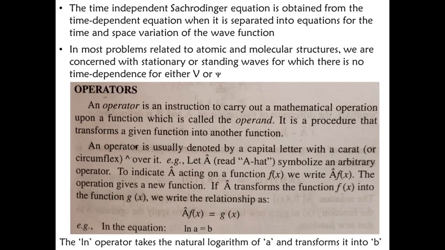A function is required, which is called an operand. So an operator is an instruction, and we are giving instruction to carry out a mathematical operation upon a function, which is called the operand. It is a procedure that transforms a given function into another function.